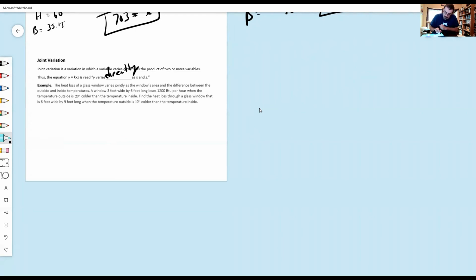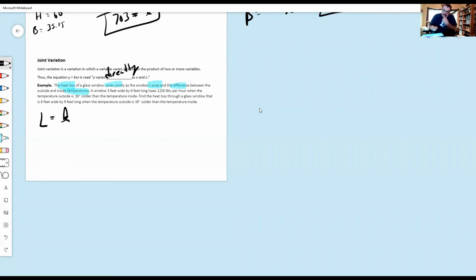So, if heat loss varies jointly with area and temperature difference, we'll just call it L for loss. We'll put K here. Again, doesn't matter what kind of variation you get, always get the K. If it's joint, multiply everything to it.